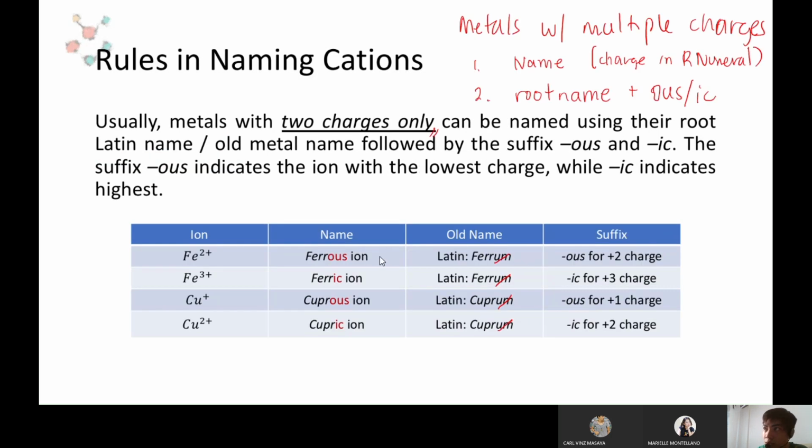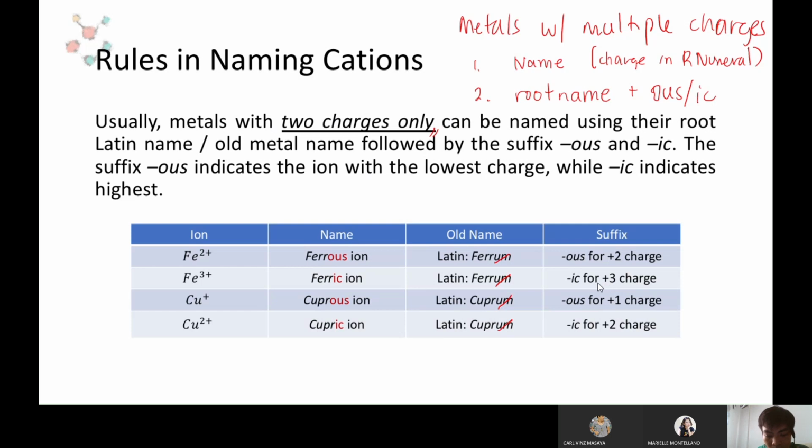Then, another rule is for you to use this old method na, lumang method. Ang ginagawa dito, if your metal can only form two common charges, you can use the root name of the metal with the suffix -ous or -ic. No? So, -ous kapag lowest charge, -ic kapag highest charge.